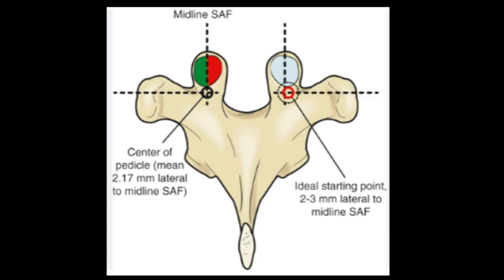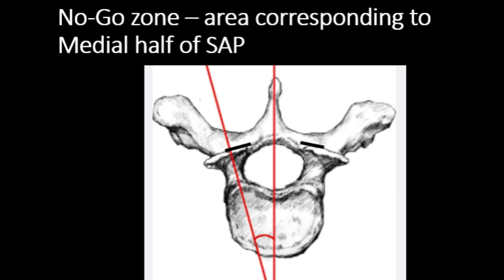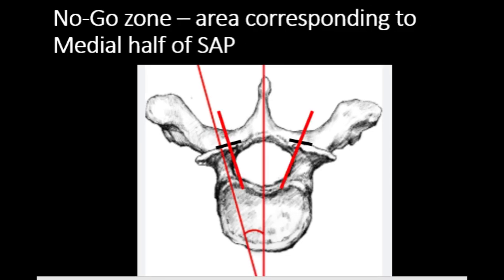Okay, so any entry point medial to this line is unacceptable. You can see in this particular figure, if you see the superior articular facet, any entry point taken along these black lines, if you give even a slight medial angulation, will enter into the spinal canal.